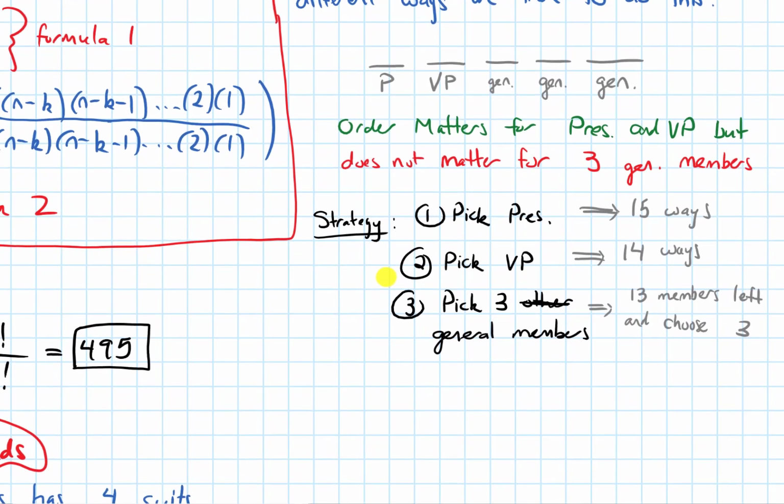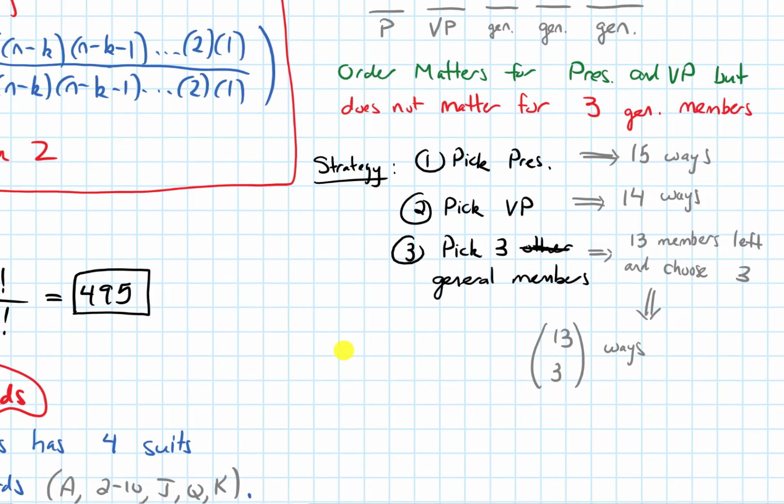Okay, so we're going to use combinations. And when we use combinations, I'm going to practice my notation for combinations. So we'll do 13, choose 3. And I put those in these narrow parentheses. So 13, choose 3 ways. We'll remind ourselves how to work out what that is in a sec. But let's see if we can put this together.